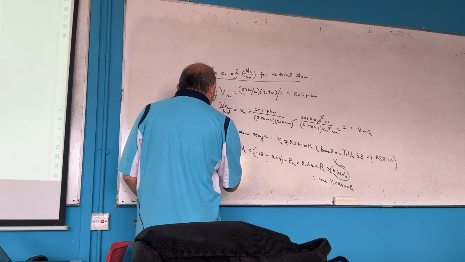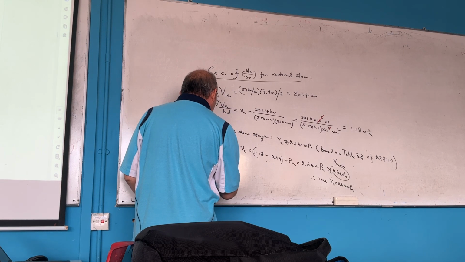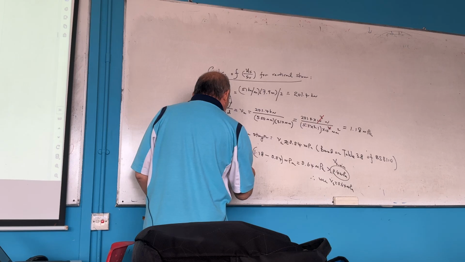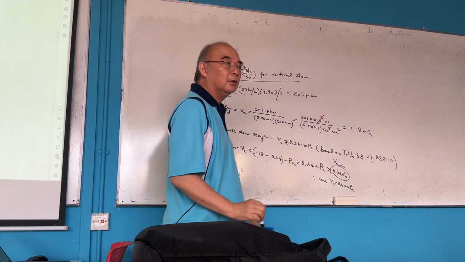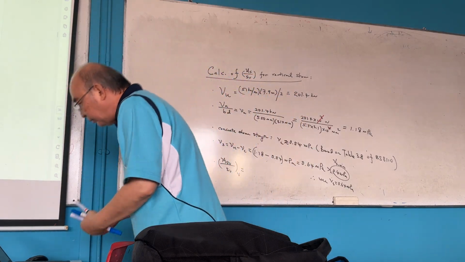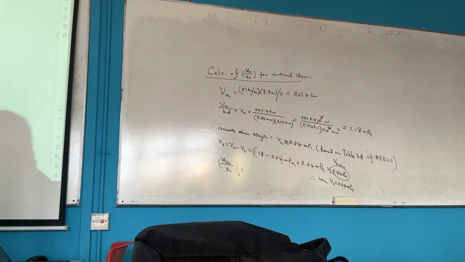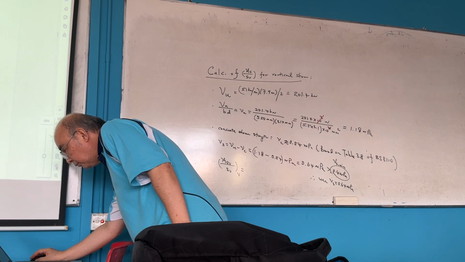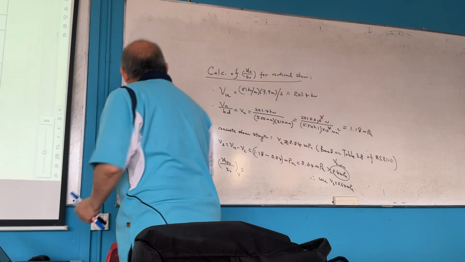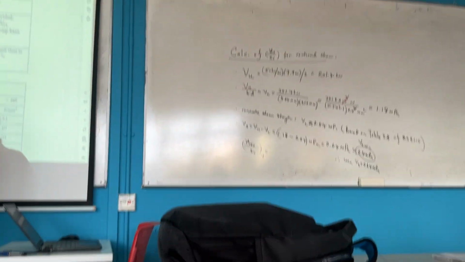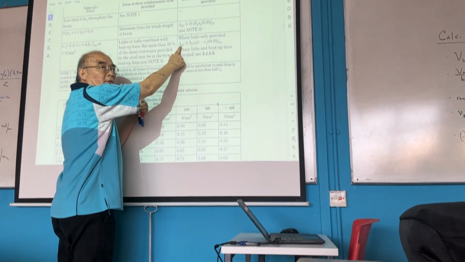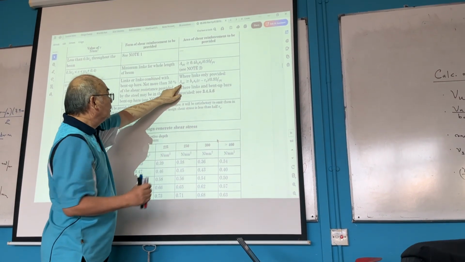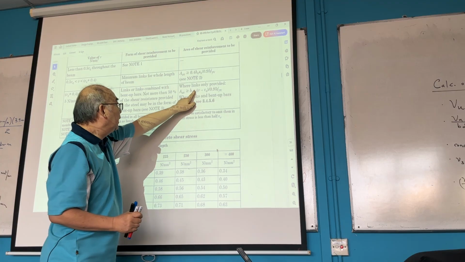Now the question is we come to do the Asv over Sv of the vertical shear. And the formula is given here. Here is Asv, the Sv is over here.